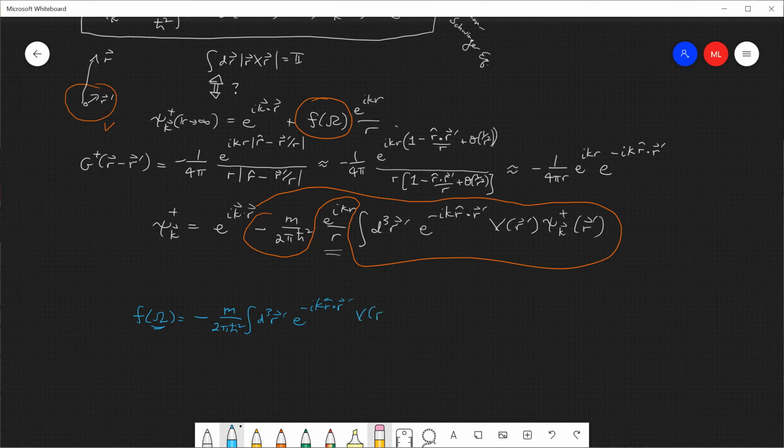Then you got the v of r prime. And now we can, of course, instead of putting this guy, do what I said and do the recursive thing, and instead put in e to the i k dot r, right?